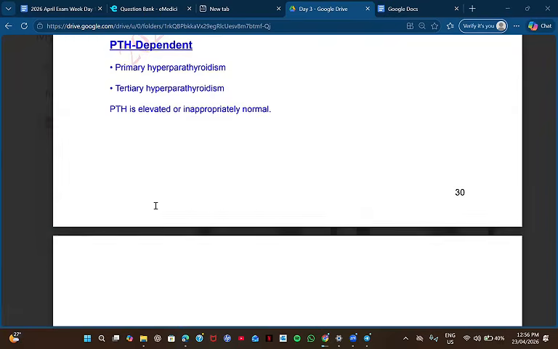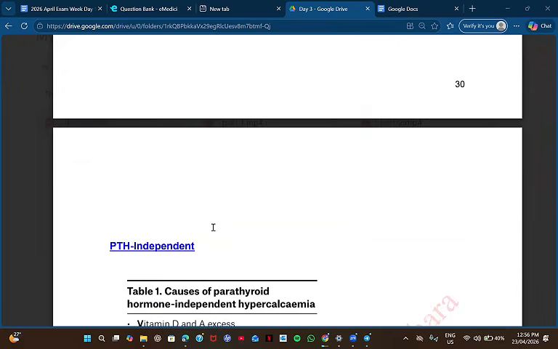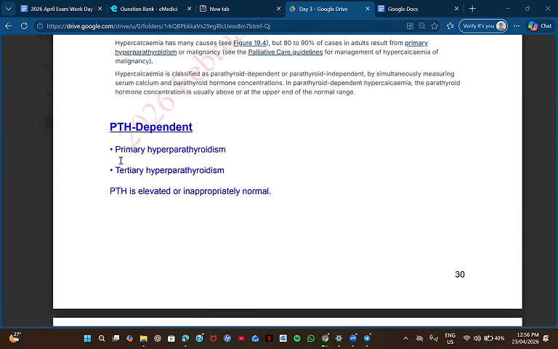Okay. Next, you should know whether the hypercalcemia is parathormone dependent or parathormone independent, right? Parathormone dependent means something related to the parathyroid gland, for example primary hyperparathyroidism. There is excessive hormone, and only because of that the calcium level is increased.